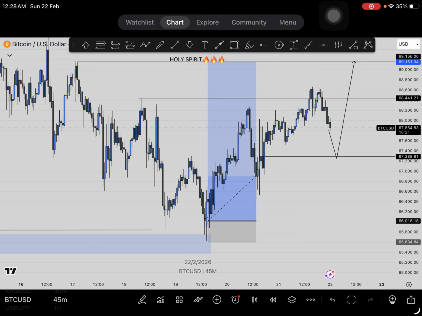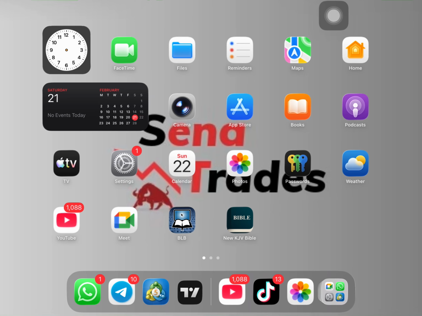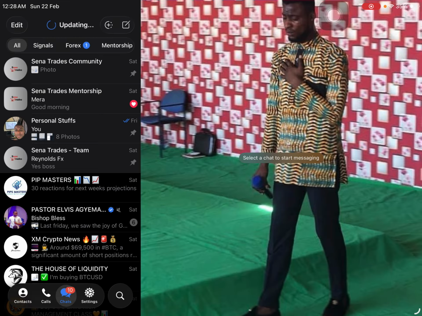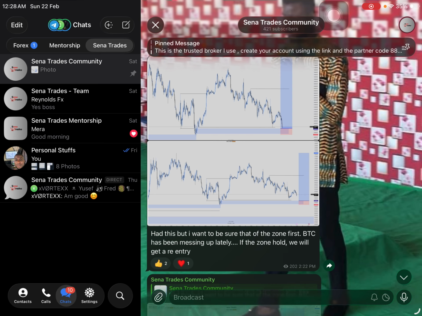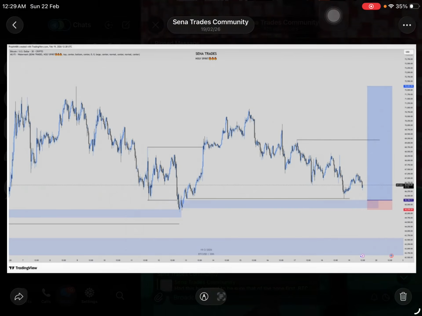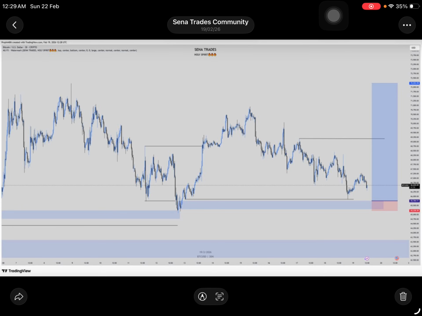So let me take you to my community and see if I truly took the trade. So in my community, Senate Trades community, this is it. This was when I saw the trade.